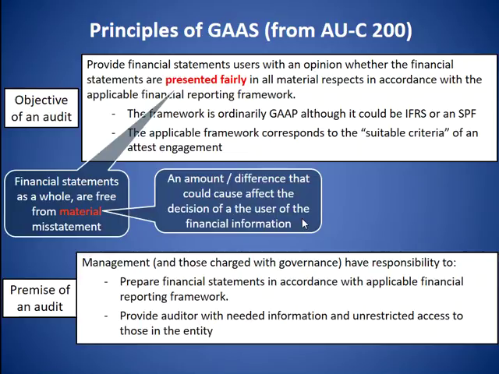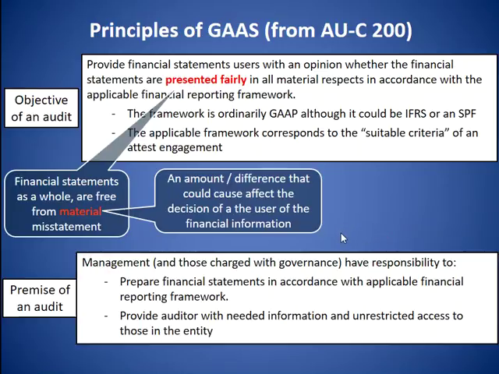In other words, if you had sales of $1 million and those sales were off by plus or minus $100 on $1 million, the question would be, from a reasonable financial statement user, would that really affect their decision regarding, let's say, sales or the company?